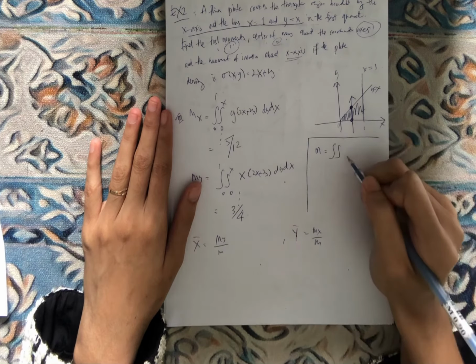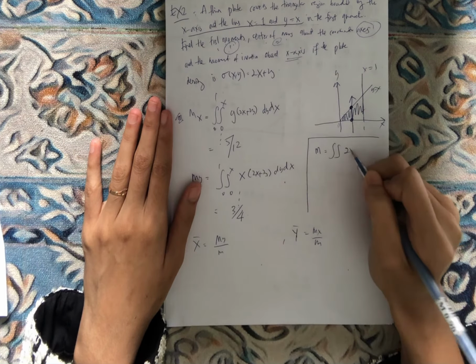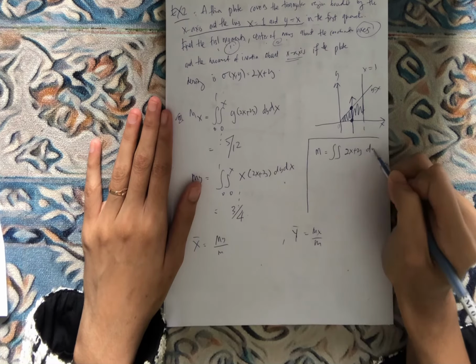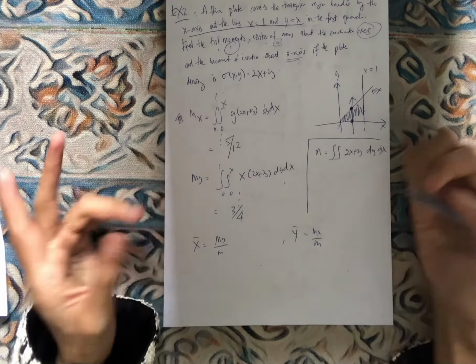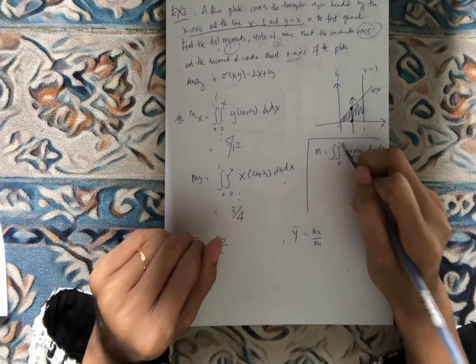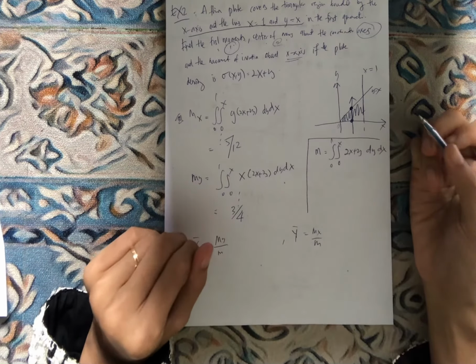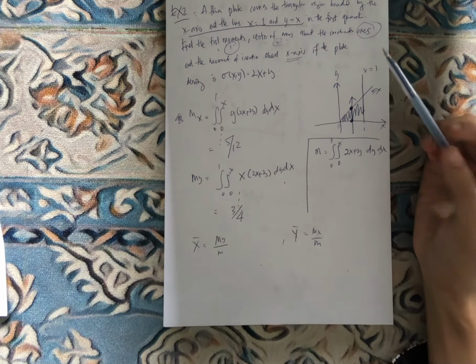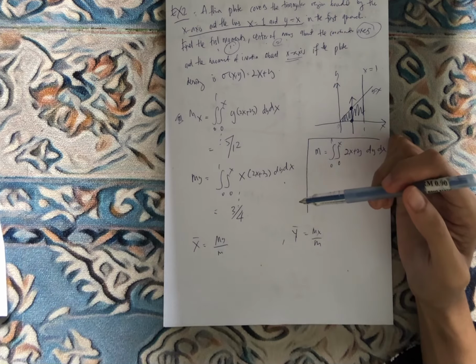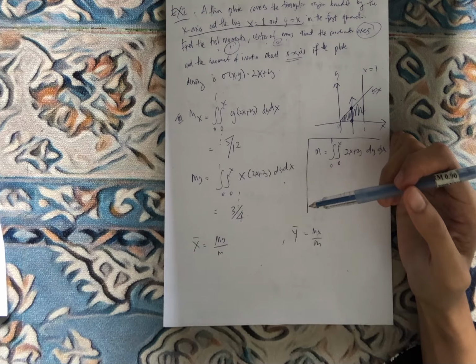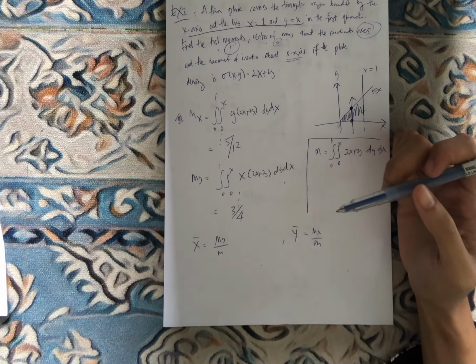To find m, we will integrate the density. So this is your density. Again, you will use the same limits. You just copy them.